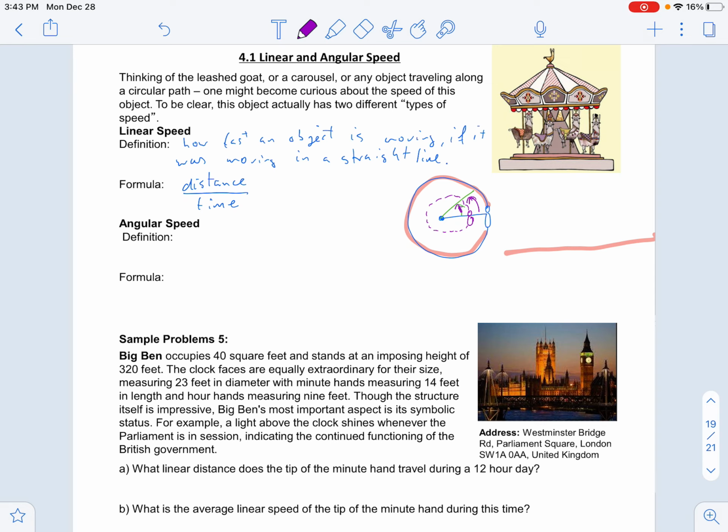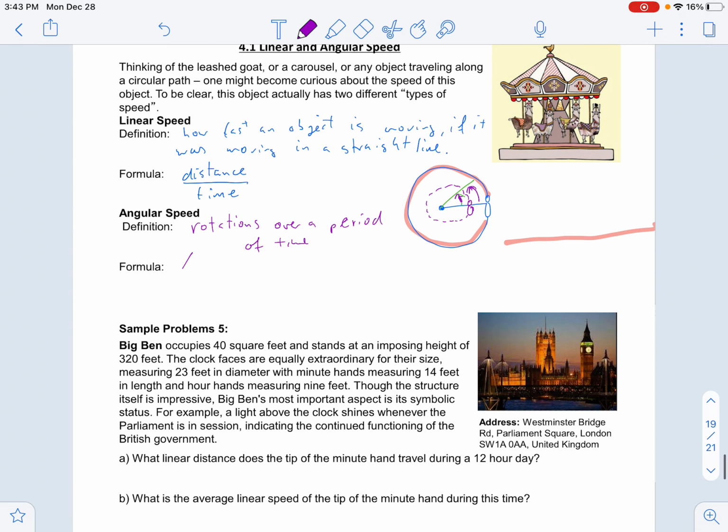It does the same rotations. So the definition would be your rotations over a period of time, and the formula is basically your angle measurements over time.